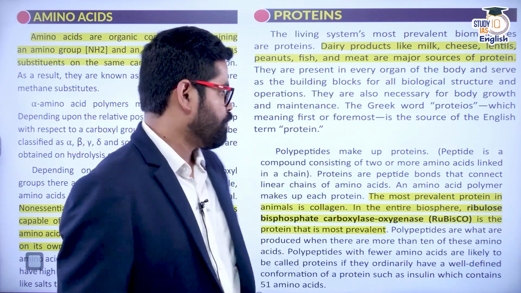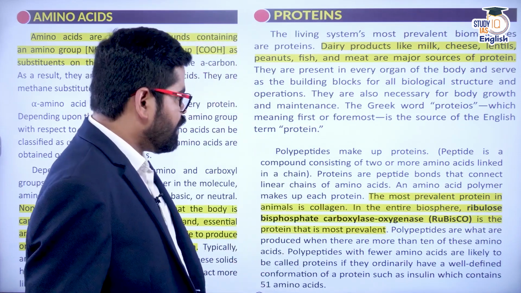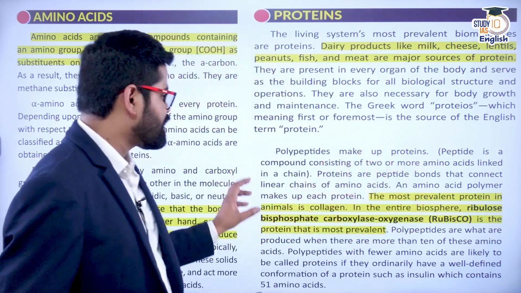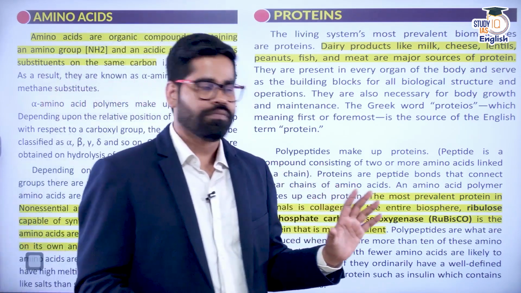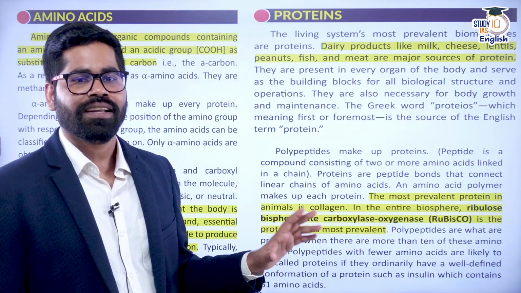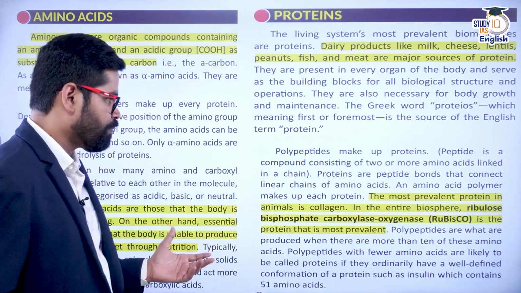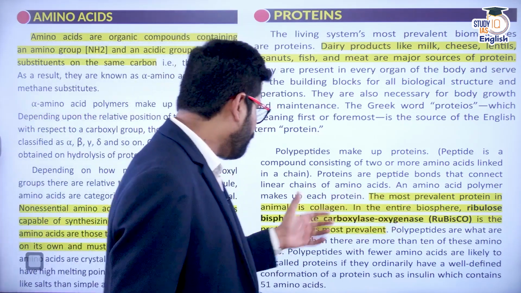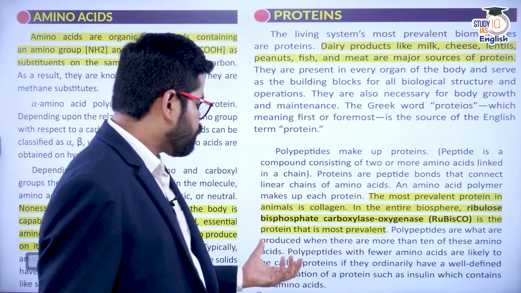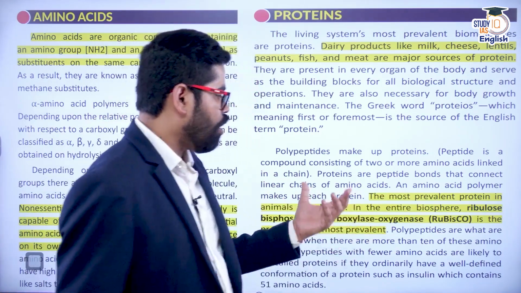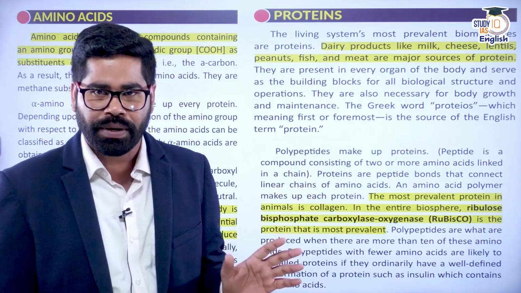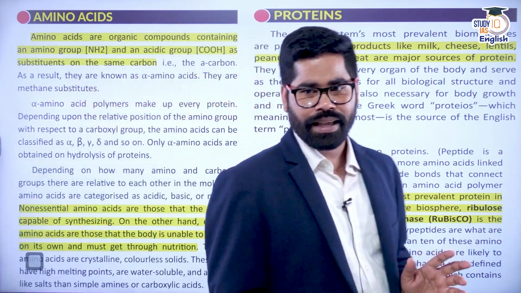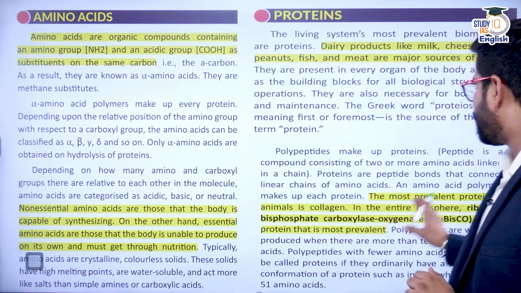Now, the most prevalent protein is collagen. Collagen is the most prevalent protein in animals. And then there is ribulose biphosphate carboxylase oxygenase, which is also very prevalent. So this is one of the proteins.